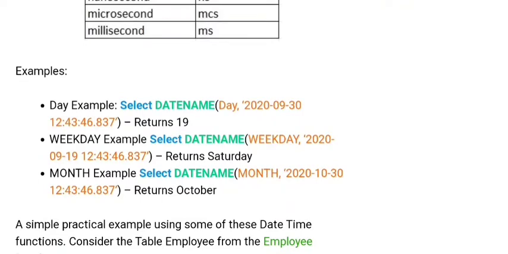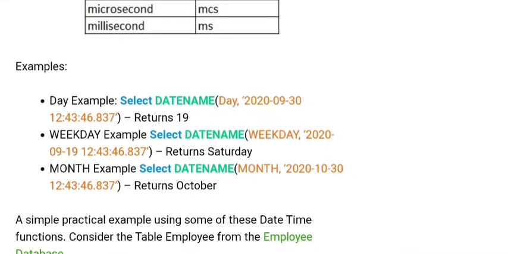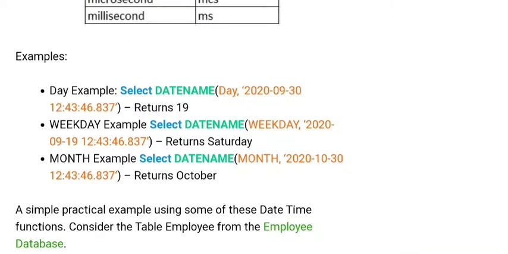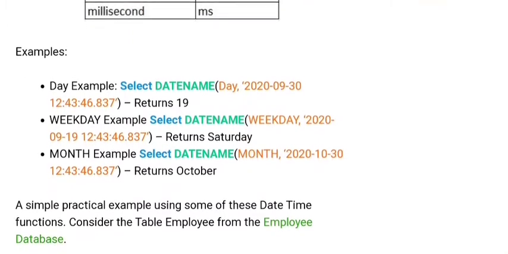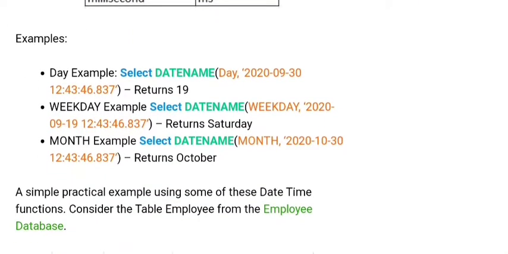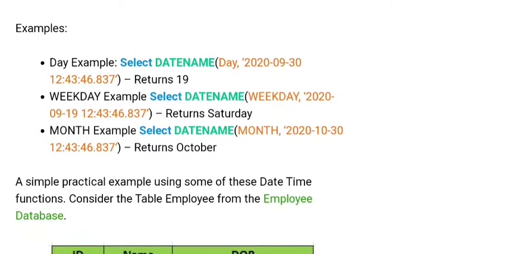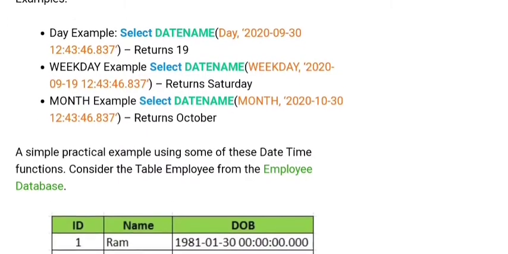The beauty of this function is you can pass any parameter text. If you pass day, it returns the day number; if you pass weekday, it returns the weekday name; and if you pass month, it returns the month name of the specific date. You can pass any parameter value, day or weekday or month or year.